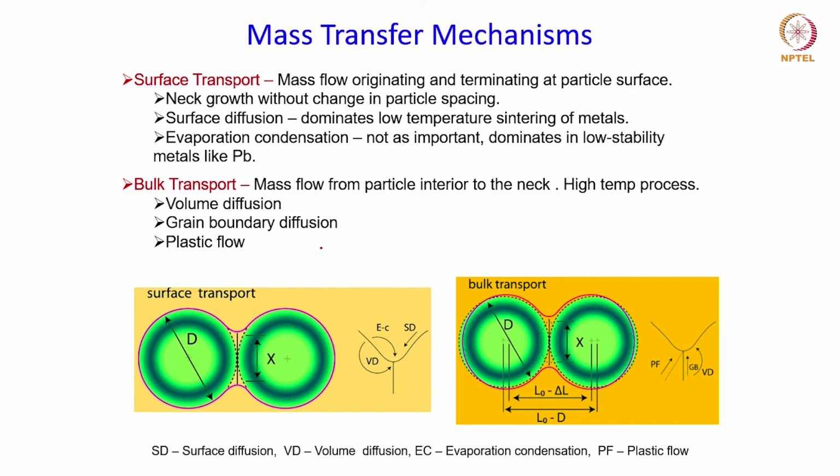So these are basically categorized into two different categories. One is the surface transport and the other is the bulk transport. Okay, and this mass transport through all these different paths ultimately leads to the densification which takes place during the sintering process.